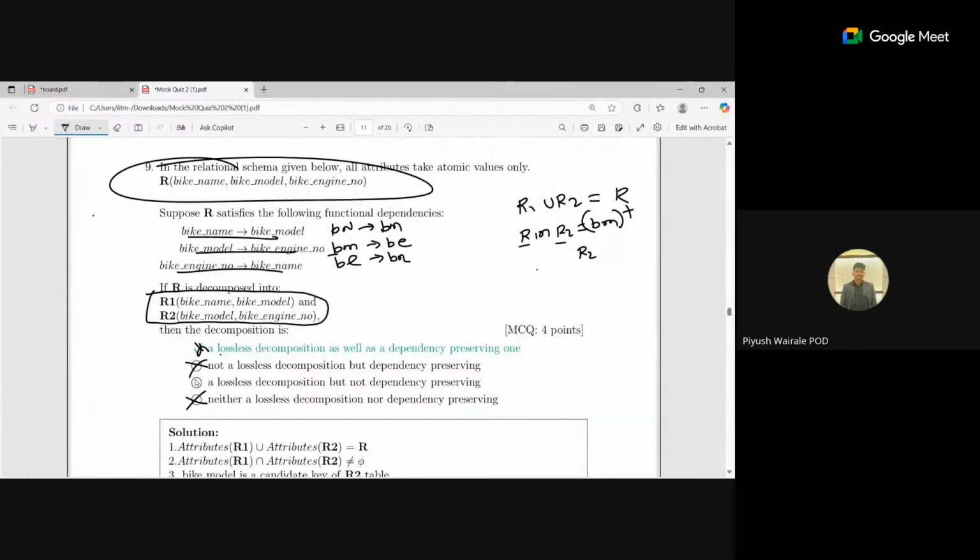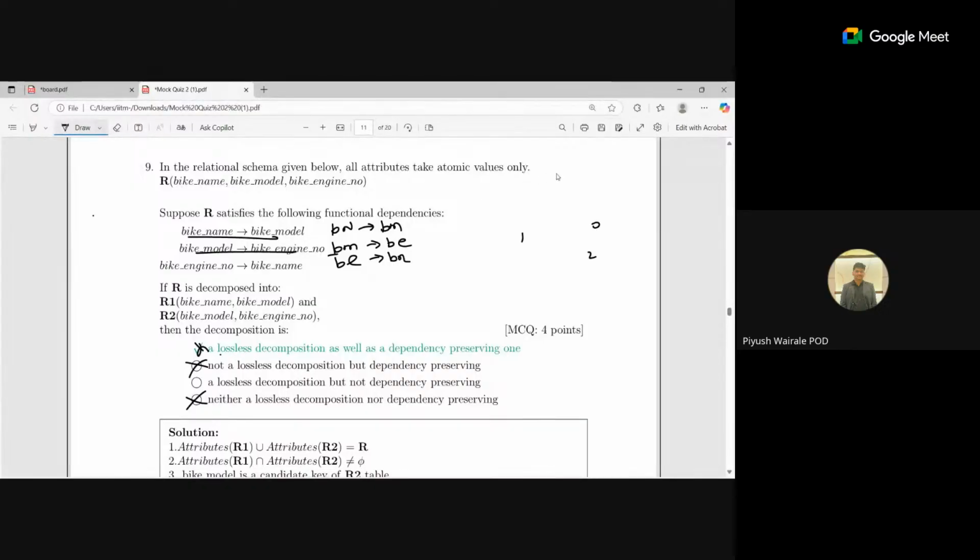How to check for dependency preserving here? Same thing here as well. Here we have R which decomposes into R1, that is BN and BM, and R2, that is BE and BM.